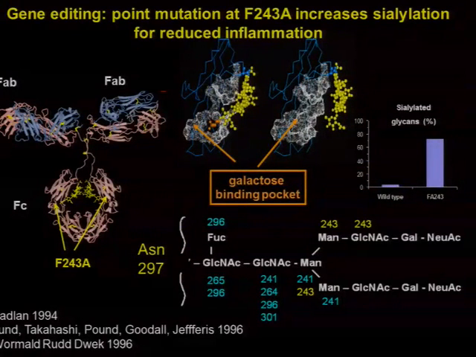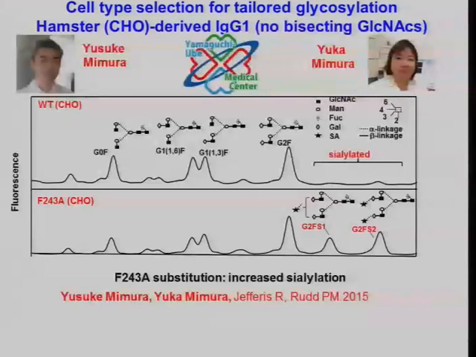If you make a point mutation at this alanine residue, this residue here, then you can affect methylation. So just changing an individual amino acid can sometimes be very powerful in changing methylation.